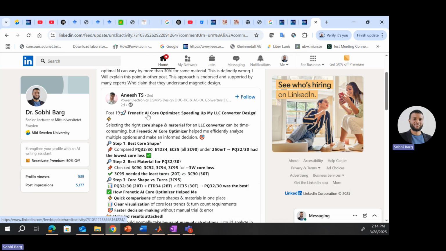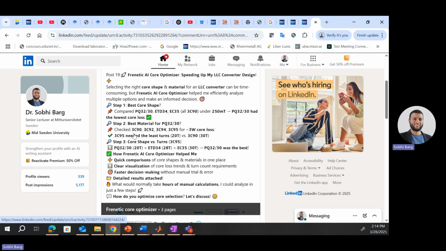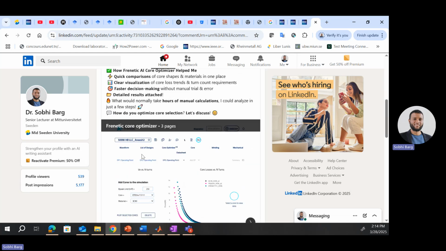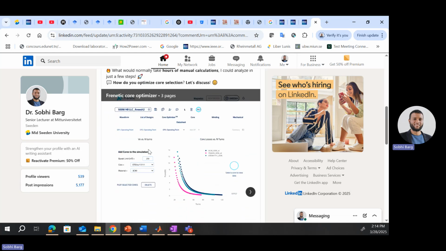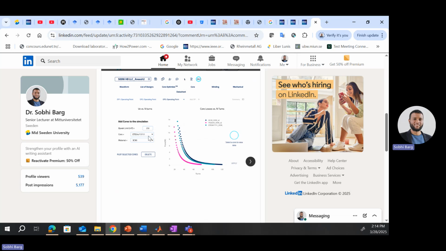The main idea of the core optimizer can be understood from the file shared by Anish. As you can see in this file, the user has to give some input first, and this input is the peak magnetic flux density. Then the user has to choose different cores and different materials.